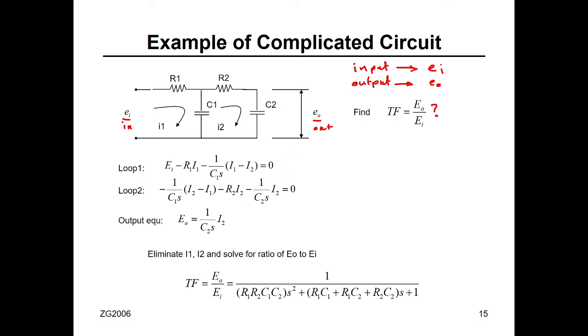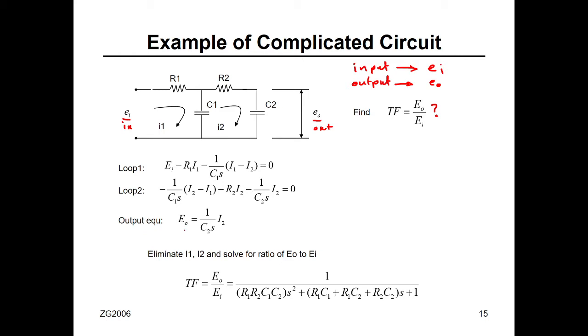This is the short answer showing you on the slide. For loop number 1, this is the equation of motion after taking the Laplace transform and assuming zero initial conditions. For loop number 2, this is the equation of motion after taking the Laplace transform, assuming zero initial conditions. And you need to define one equation describing E out. Then you will have 3 equations, and you will have 4 variables. What are they?